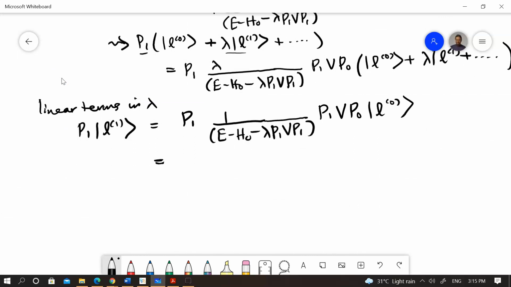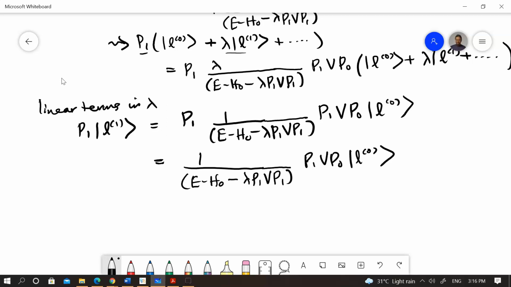And that simplifies to this. So you can see some of the assumptions taking place inside this expansion. And okay, let me just write down that thing first.